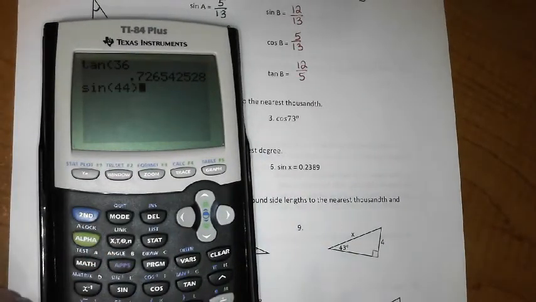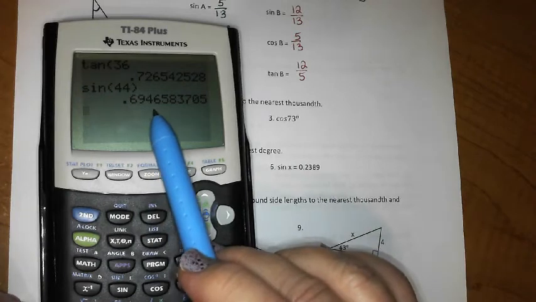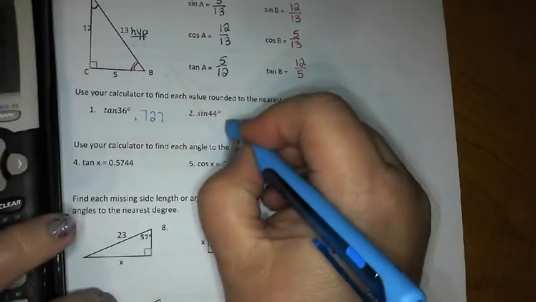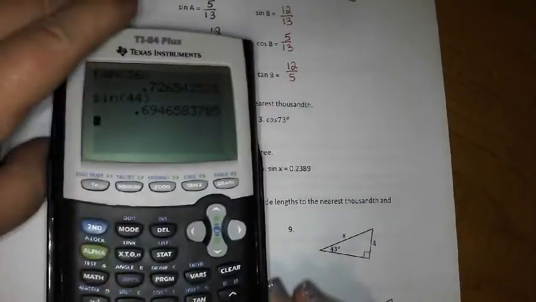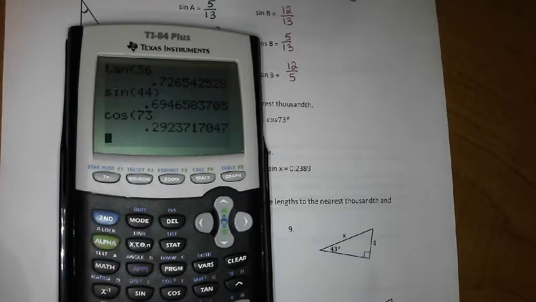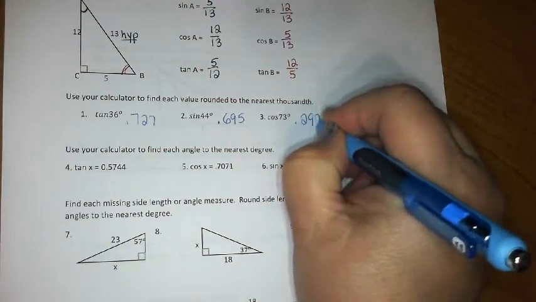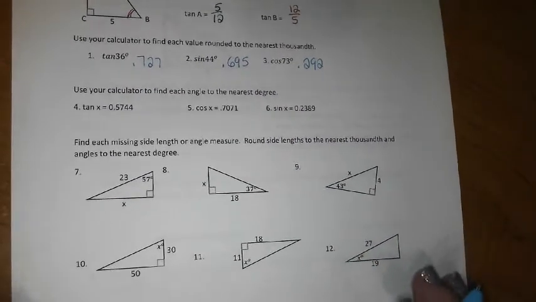You don't have to close the parentheses, but if you want to, you can. This is 0.6946, so I'll go 0.695. And then the cosine of 73, 0.292. Okay, so that's just warming us up on how to do this on our calculator.